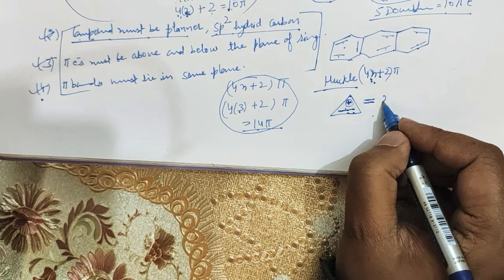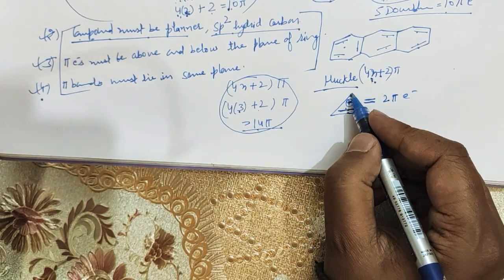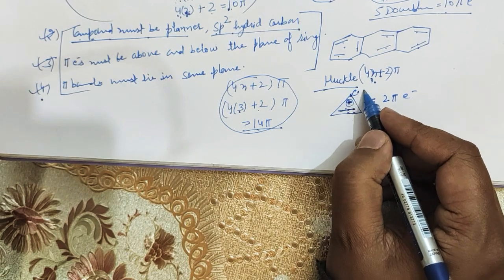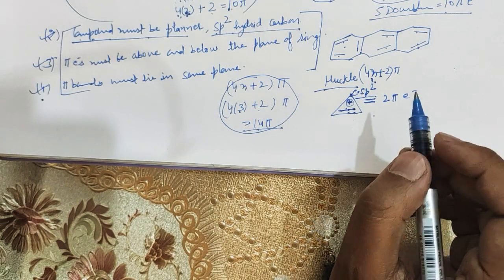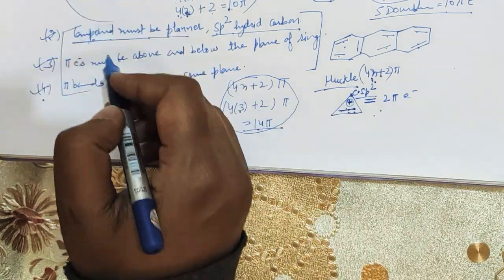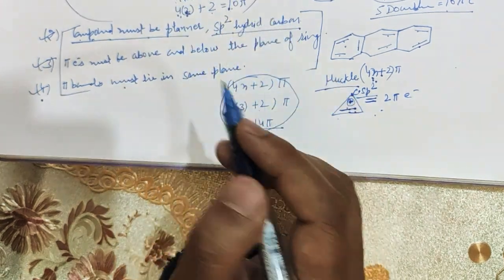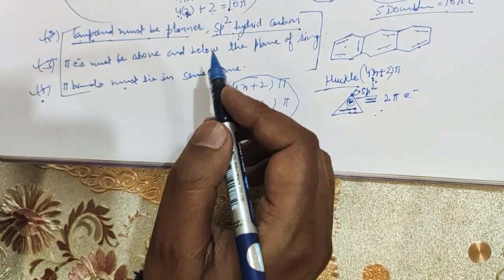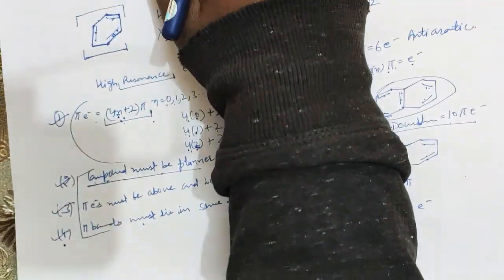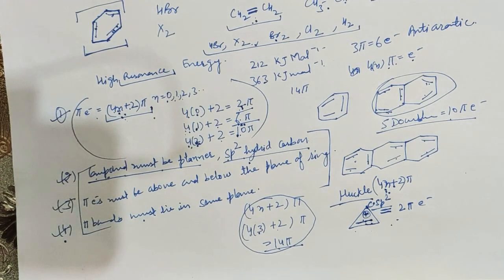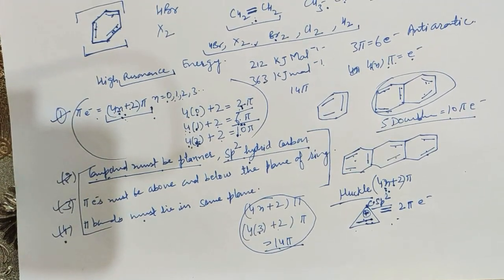So this pi bond contributes 2 electrons, and this positive charge on this carbon leads to sp2 hybridization. So this compound follows all the rules of Huckel's rule, and the first rule, that is 2 pi electrons, is present. Further, the carbon is sp2 hybrid, so you will easily identify whether the ion is aromatic or non-aromatic, or whether it follows Huckel's rule or not.